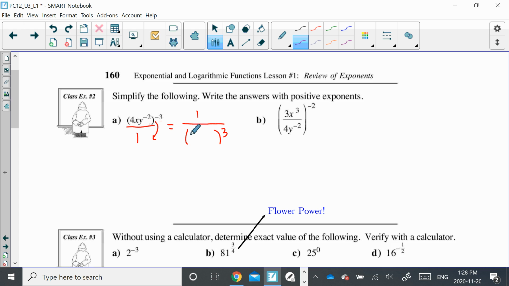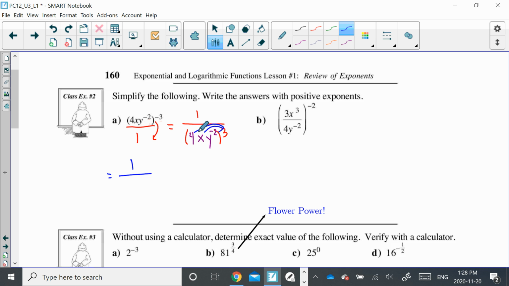So in my bracket, I have 4x y to the negative 2, right? So I just write it exactly as I see it. Now I could distribute. That 3 goes on the 4, it goes on the x, and it goes on the y. So that would give me 1 over 4 to the power of 3. So you need to know what 4 to the power of 3 is.